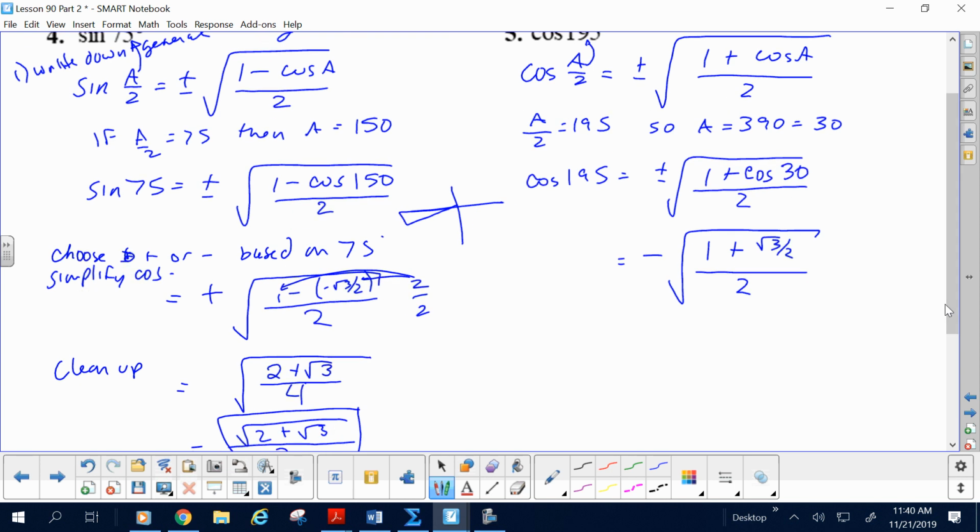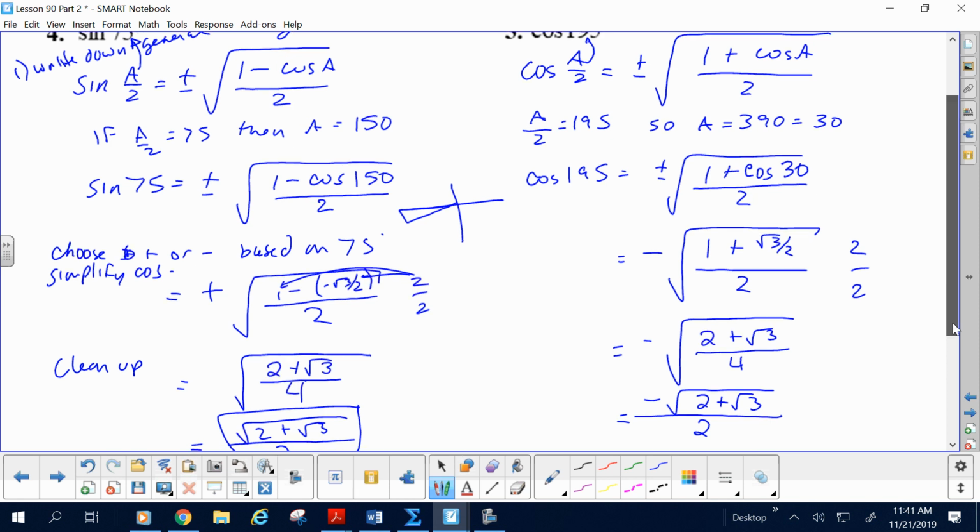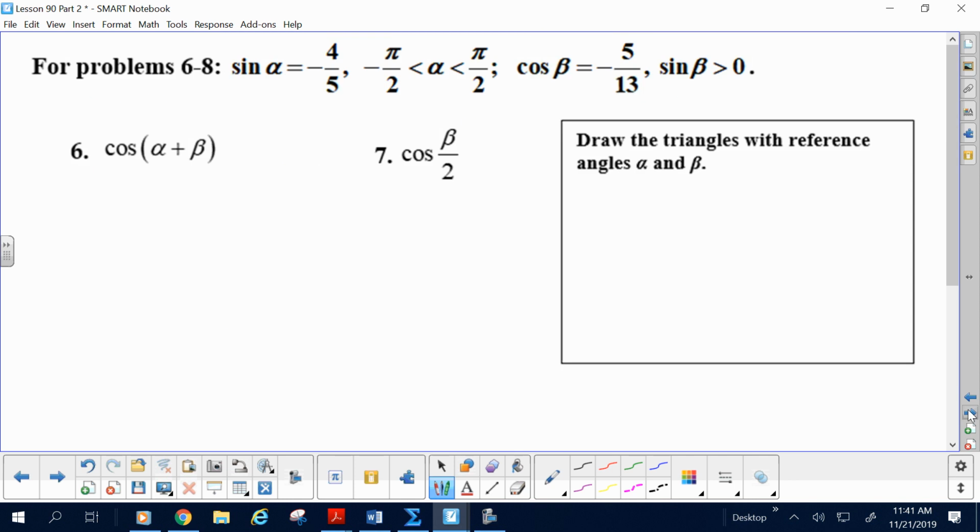Let's clear the fractions, multiplying top and bottom by 2 over 2, so it becomes negative square root of 2 plus root 3 over 4. What do we do to finish? Negative square root of 2 plus root 3 over a clean square root in the bottom of 2. Okay. Do you follow me?